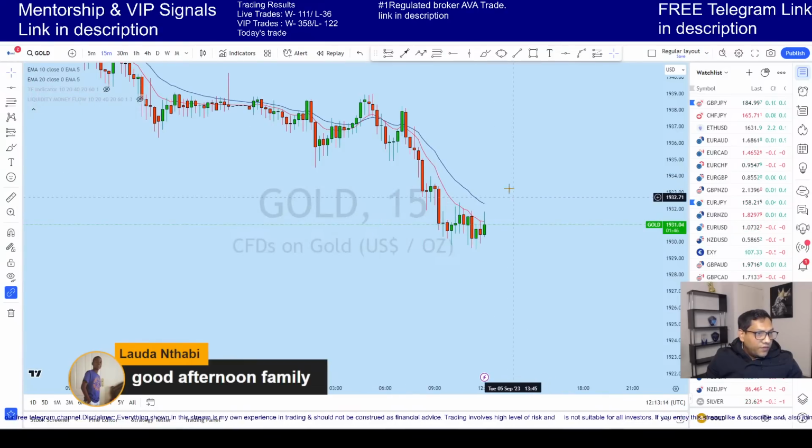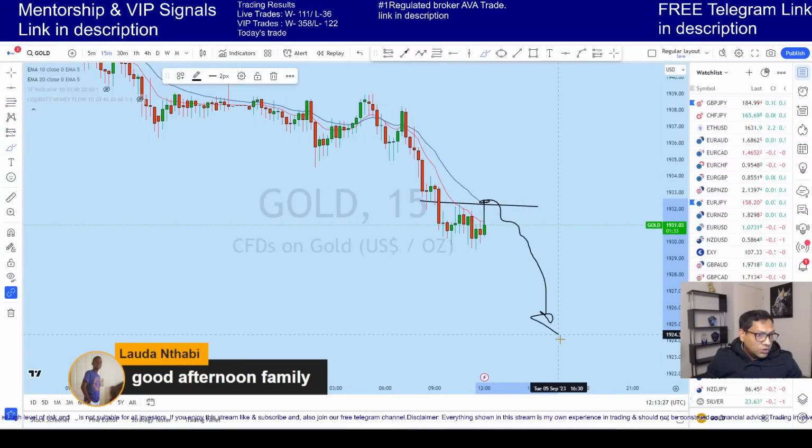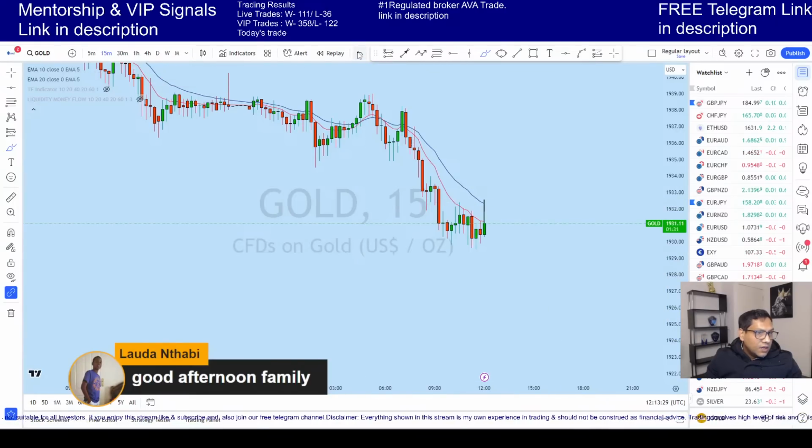If we look at the 15 minutes time frame, I see that there is a probability for an upside, breaking the high, testing the 20 MA, and then we could see the price coming down.